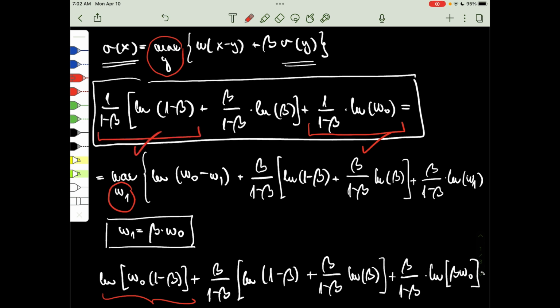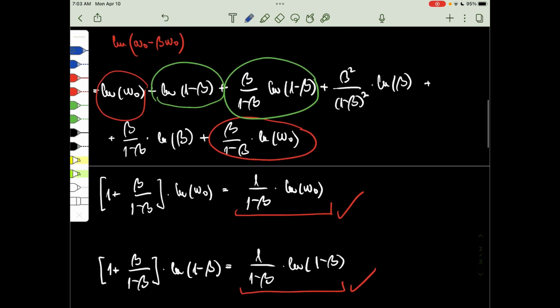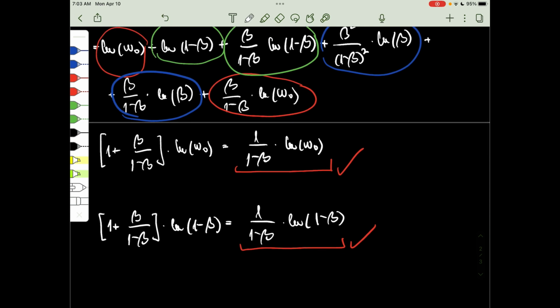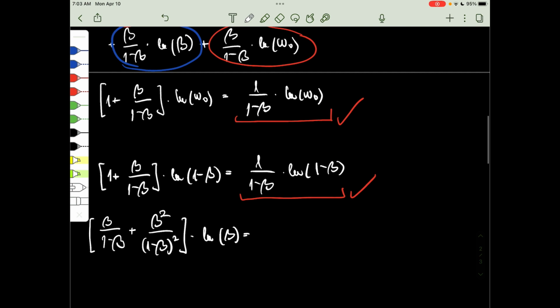It's correct. It's correct. And the fourth, not fourth, third item, yes, this is what we need.